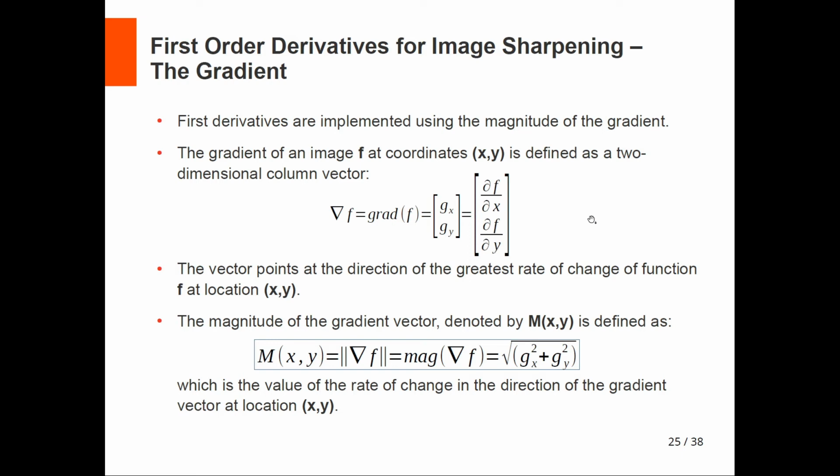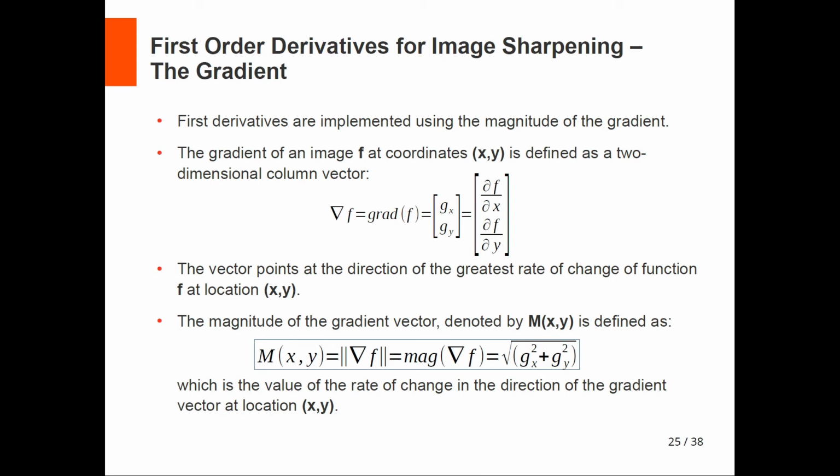So this vector points at the direction of the greatest rate of change of function f at location x y. In other words, this vector is perpendicular to the edge at that location. So since it's a vector, we can have a magnitude and also an angle. So here we work based mainly on the magnitude part.